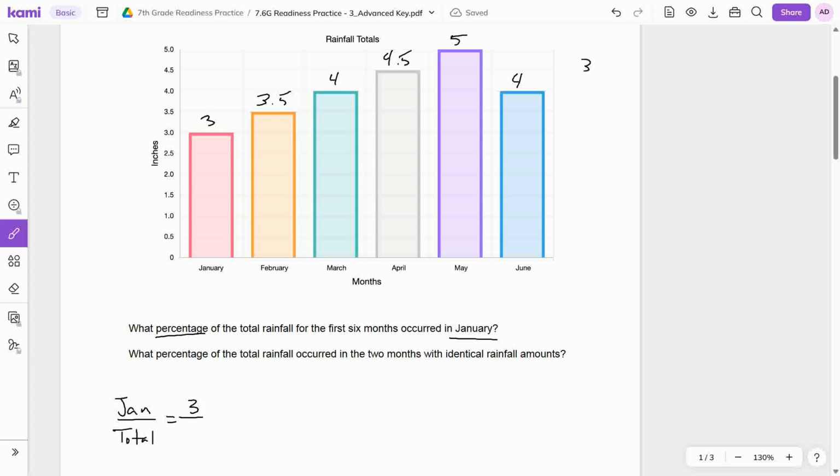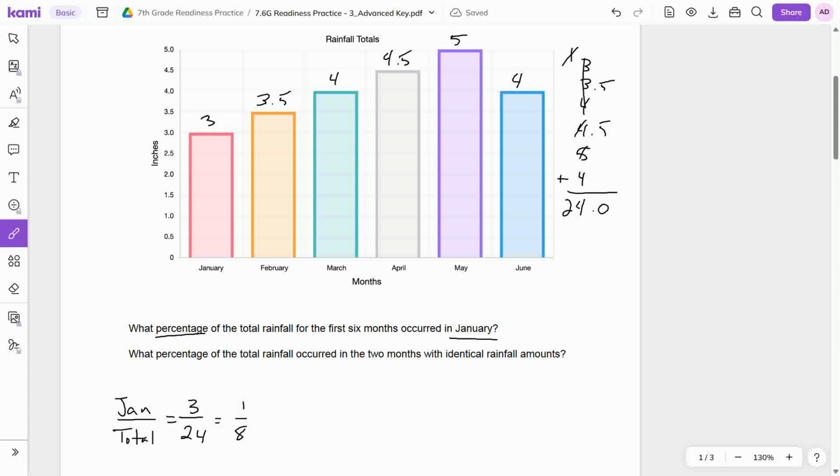I've got 3, I've got 3.5, 4, 4.5, 5, and 4. That's all of them. So the total is 24. Okay, so 3 out of 24 is going to be my percent, and that's going to be 1/8.